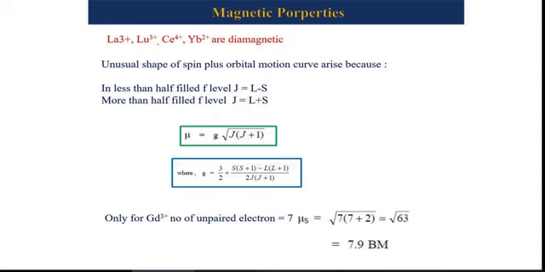Because in this case, the f orbital is quite shielded. It is overlaid by the 5s and 5d orbitals, the remaining orbitals. That's why the environment, the ligand, cannot significantly influence the 4f orbital. That's why the ligand field splitting does not take part.